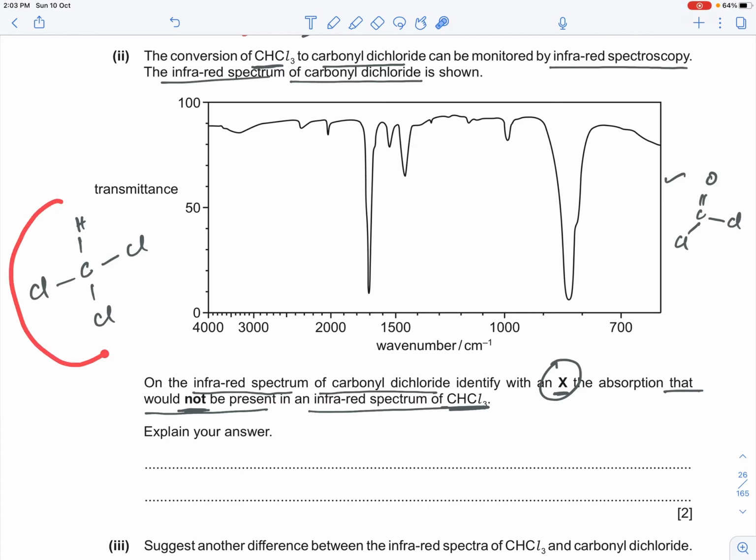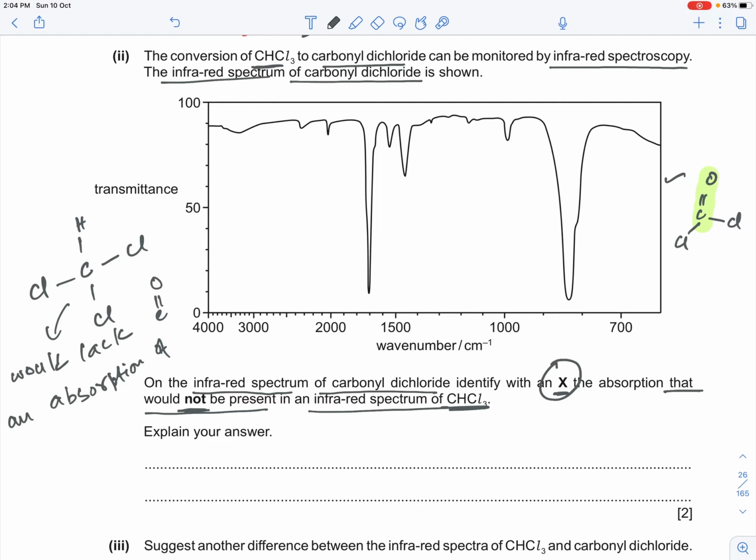In CHCl3 there is no carbon-oxygen double bond. But in carbonyl dichloride we have this carbon-oxygen double bond. So that means CHCl3 would lack an absorption of C double bond O.